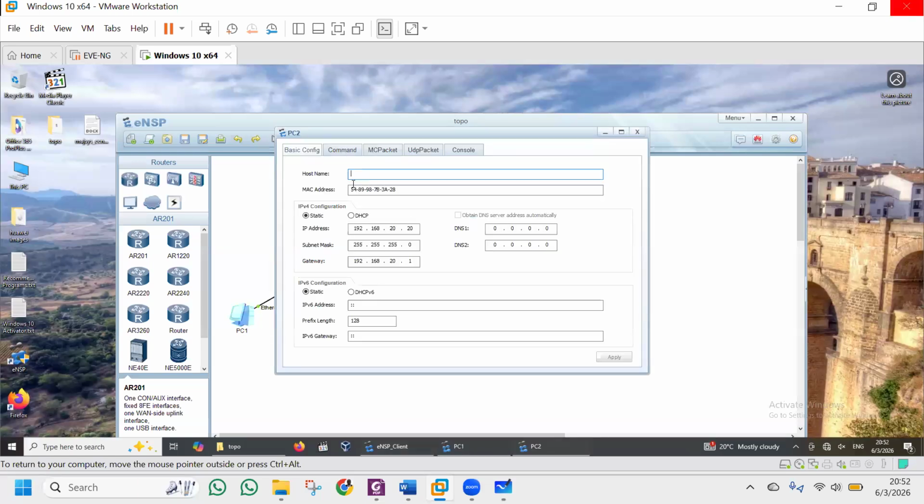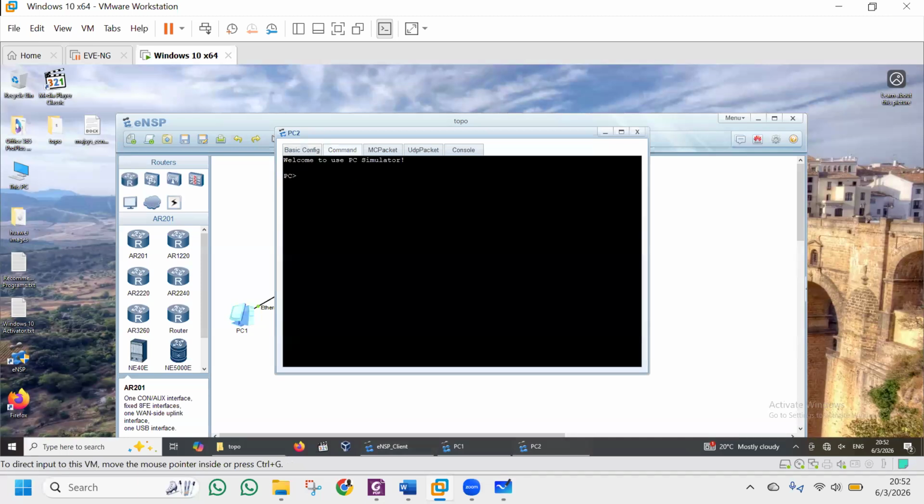So I can basically ping 192.168.10.10, right? Good.